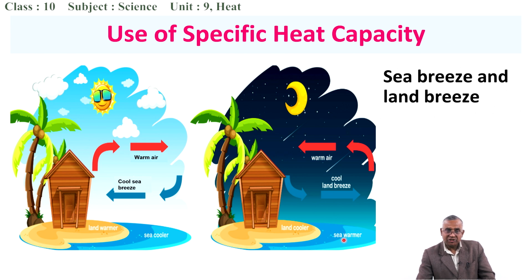And in this condition, the air above the ocean is warmer, so it rises up. And the air above the land is what? At high density, at low temperature, and that moves towards the what? Sea. Now it is called land breeze. So sea breeze occurs during day and land breeze occurs during what? Night. Yes. So that's why the direction of wind changes during day and night in coastal region.